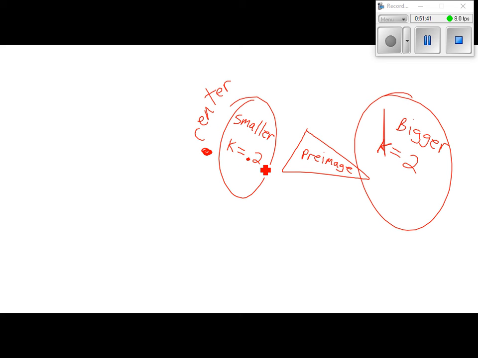Now, let's jump over here. What if you end up right there? You're still getting what? Smaller. On this, when you're doing scale factor, the image is going to get closer to the center point. So here it gets closer to the center. If it gets bigger, it gets farther from the center.